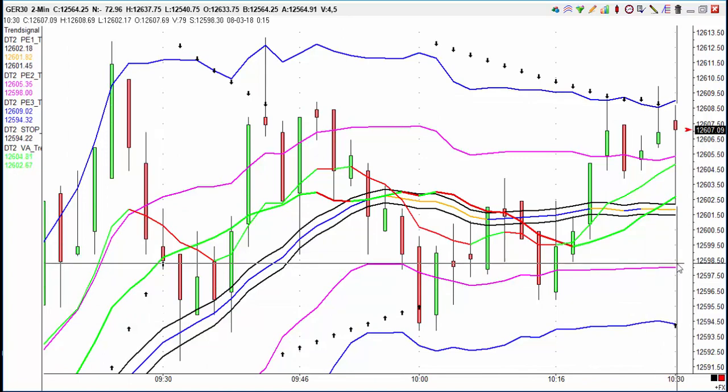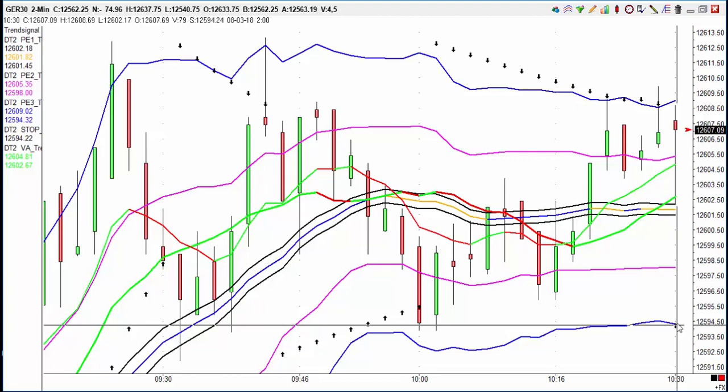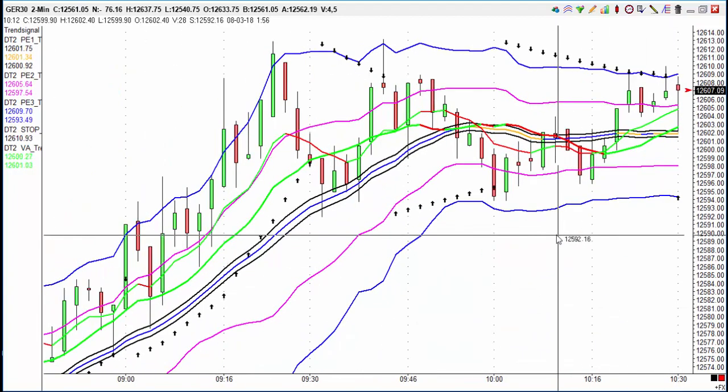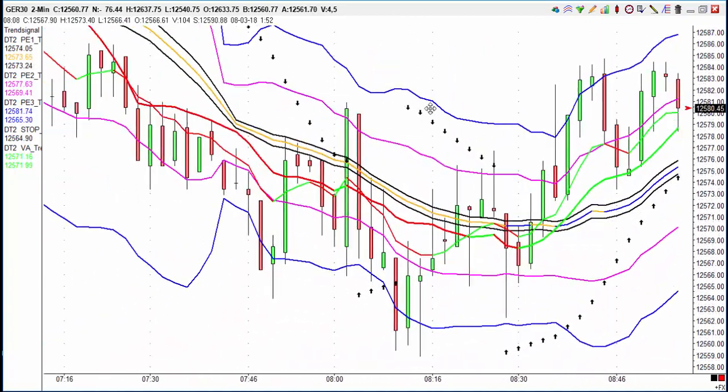So in blue, price envelope 3, 125.94.32. The stop arrow, 124.94.22. So the stop arrow is just lower. So that will be one where the arrow is lower. We want to find one where it's inside. So let's come back.